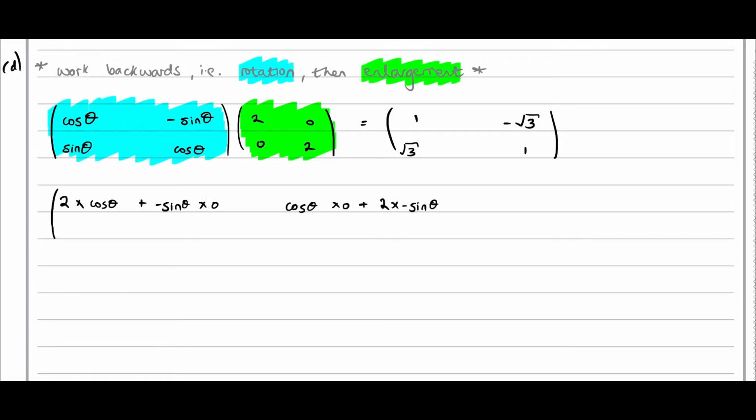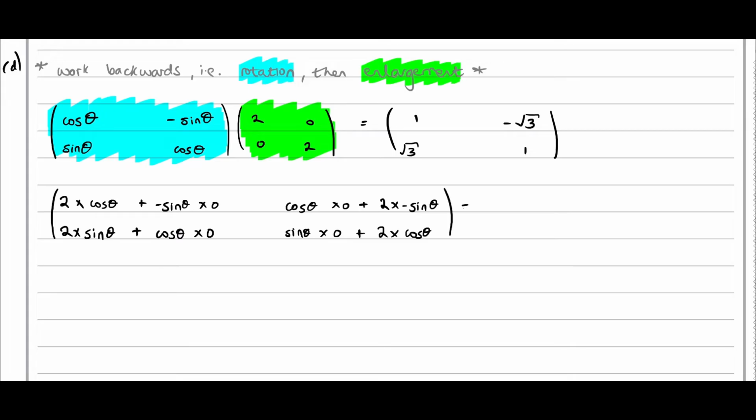Then we have sine theta times by 2. So we have 2 times by sine theta. And then we add on cos theta times by 0. And finally, we have sine theta times by 0. And then we have cos theta times by 2. So we have 2 times by cos theta.